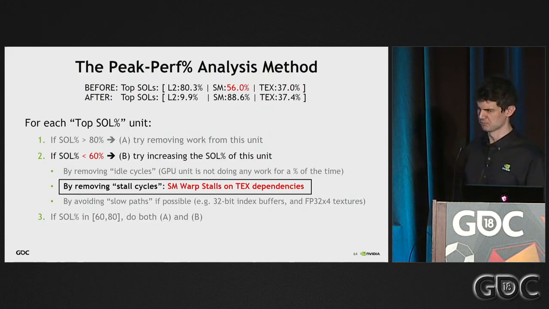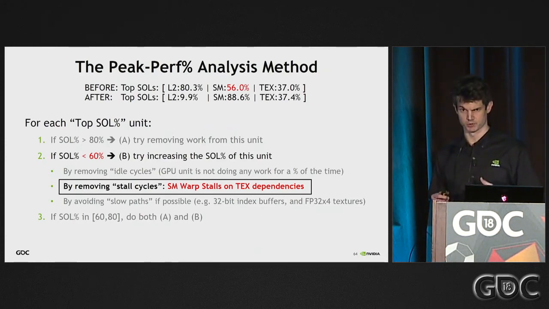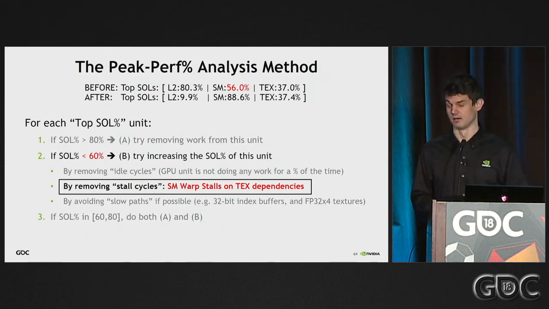So it is now doing really good. It's still possible to aim for higher SM SOL percentages. As I showed at the beginning of the talk, it's possible to hit 95% of the SM SOL, but it's a bit more difficult if you don't have lower level detail information. So anything greater than 80% is really good already.